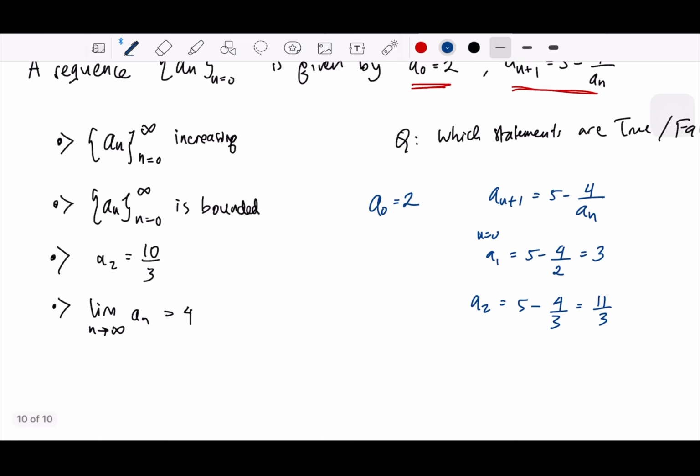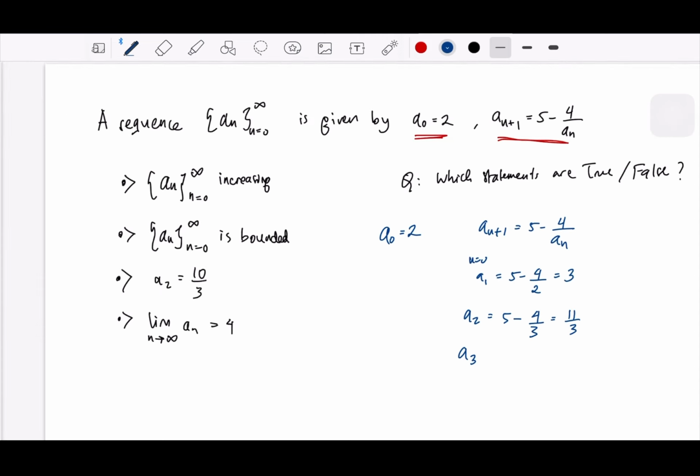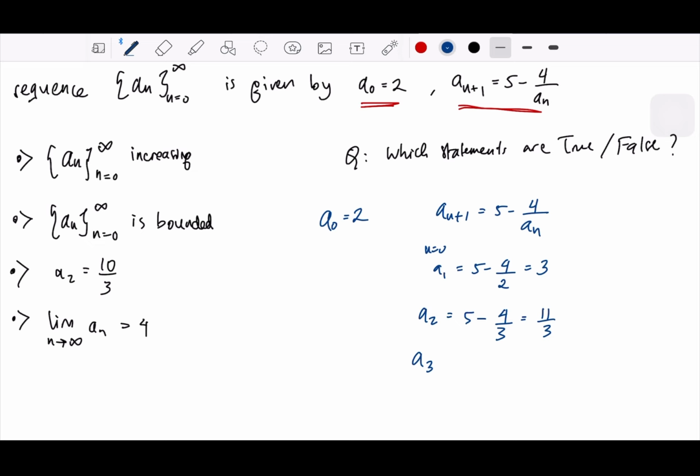Now a3 is 5 minus 4 over a2, where n equals 2, so a2 is 11 over 3.